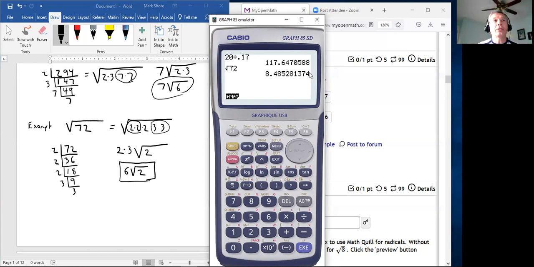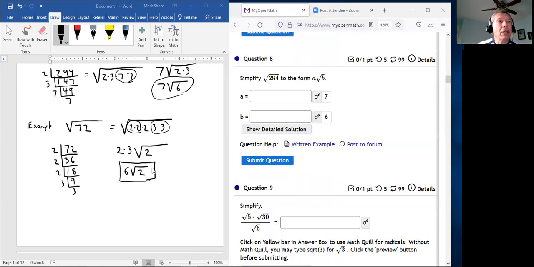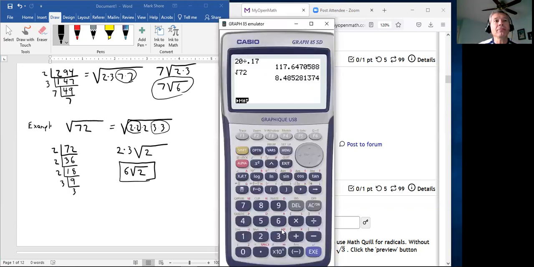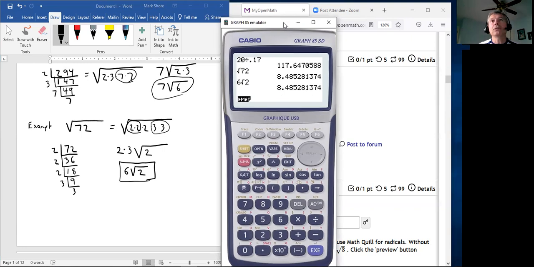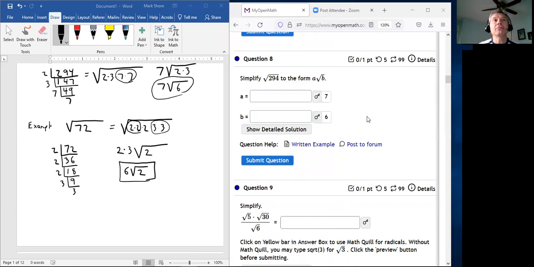So instead of doing that, they simplify it down to that. And the further calculations they have to do will be done with this non-approximated thing. See, if I take 6 times the square root of 2, guess what I get? The exact same decimal. But they don't want to use the decimal because that's an approximate number. So anyway, that's the point of it right there.